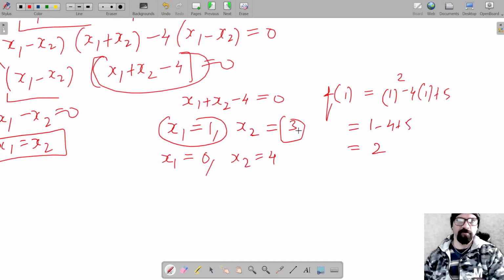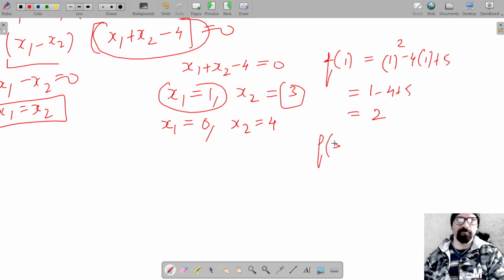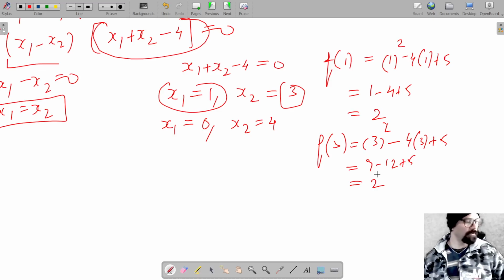Let's check it for 3 as well. So f of 3 is equal to 3 square minus 4 into 3 plus 5. This is 9 minus 12 plus 5, which is equal to 2.